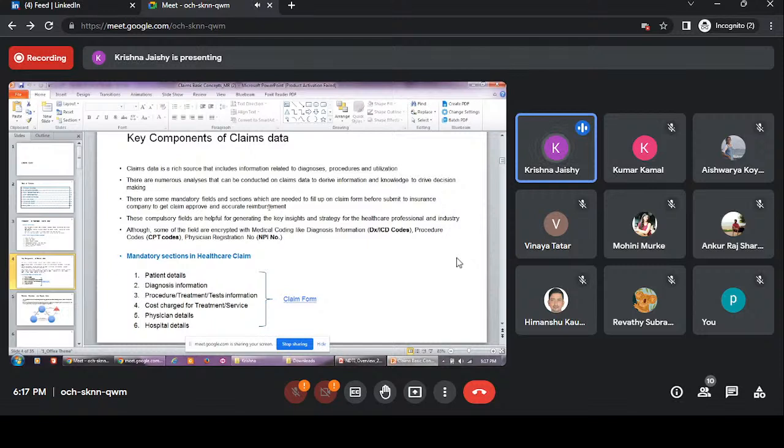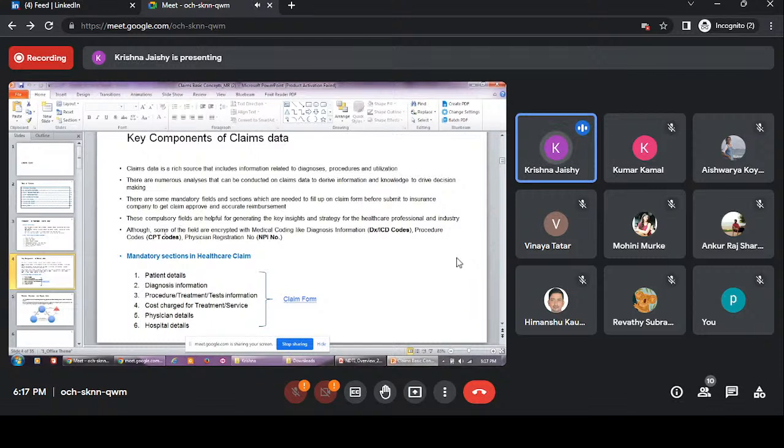But if he is not writing the same antibiotic, then the companies can find out that the preference is something else. It depends upon the doctor's choice why he is writing one medication after the surgery and not writing that same medication in the normal setup, right? That kind of insight can also be generated.